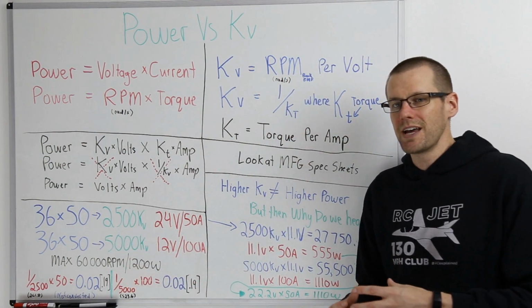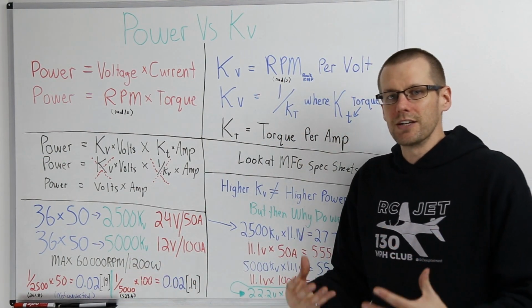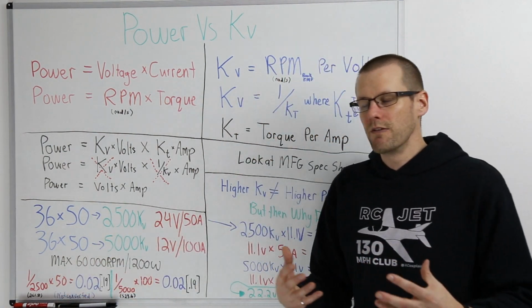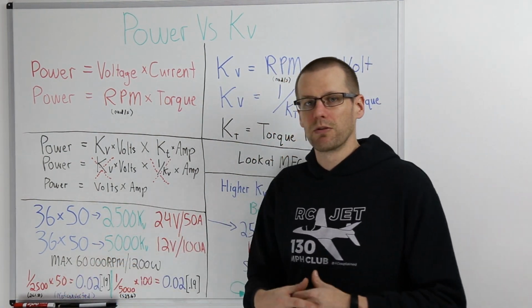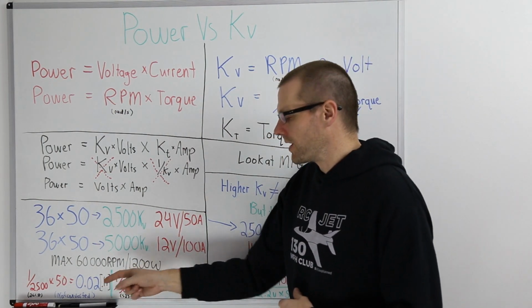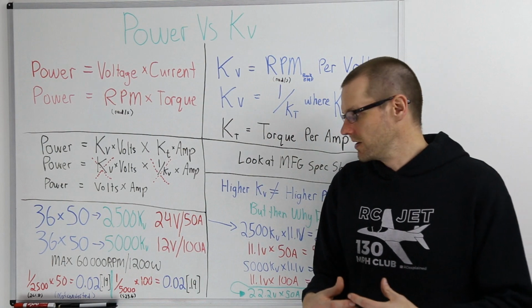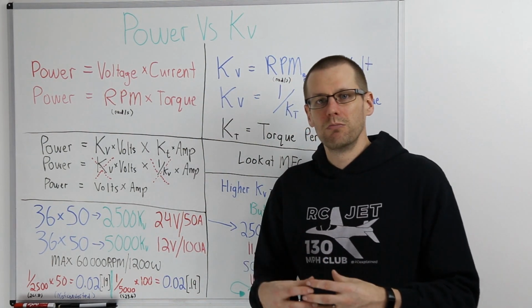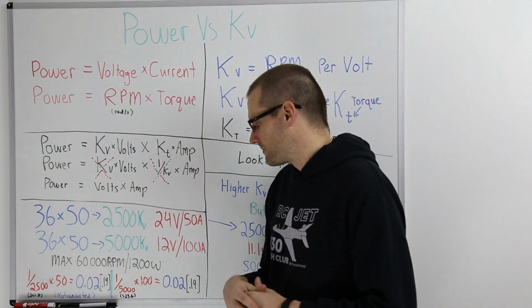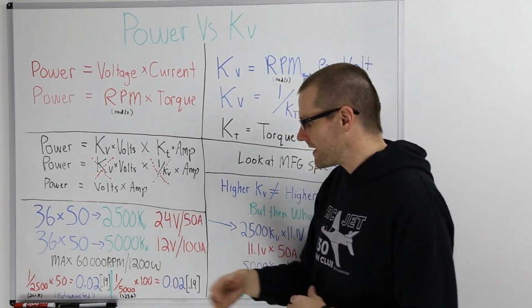Now, this value doesn't actually have any usefulness to us because the units have not been properly converted. When you properly convert the units, as the number I have there below, for radians per second, we get a value of 0.19 Newton meters. 0.19 Newton meters is a direct torque value that we can use and compare. We look at our next value here, the 5000 kV motor.